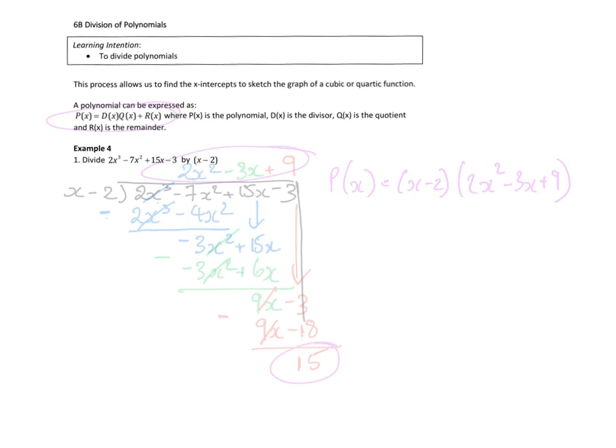Okay, and then we add on our remainder, which is equal to 15. So this was d of x, this is q of x, and this is our r of x. So that's the way they want us to write it. Okay, so let's do one more.